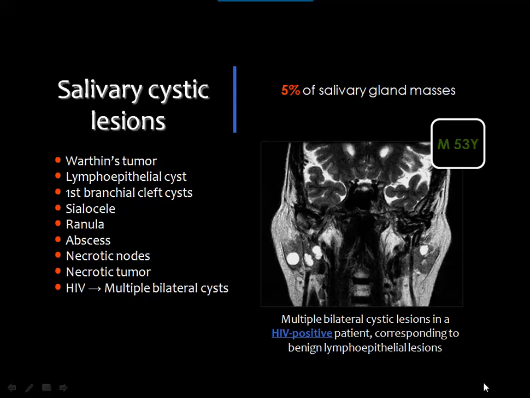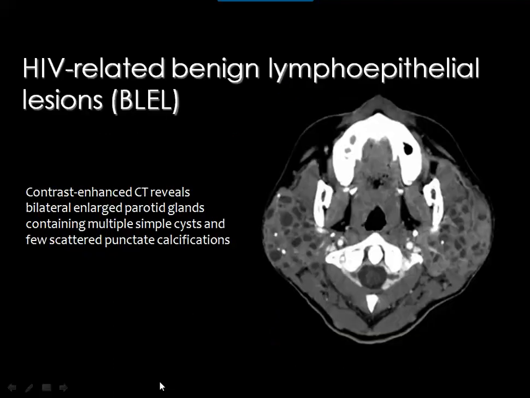And the differential diagnosis of these cysts is big, but you should concentrate on the three main pathologies, which are the lymphoepithelial cysts related to AIDS, Sjögren's disease, and non-Hodgkin lymphoma. Then this is HIV-related lymphoepithelial cysts.